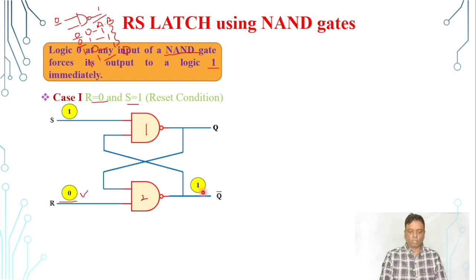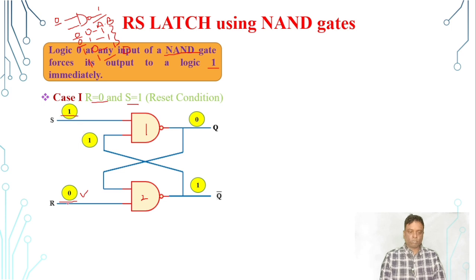Then this Q-bar is connected to one of the inputs of NAND gate number 1. So you can see both inputs of this NAND gate are 1 and 1, and the output will be 0. Let us check once again. S is 1 and R is 0.